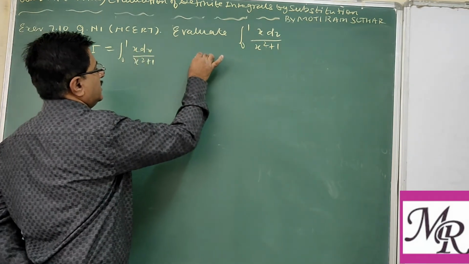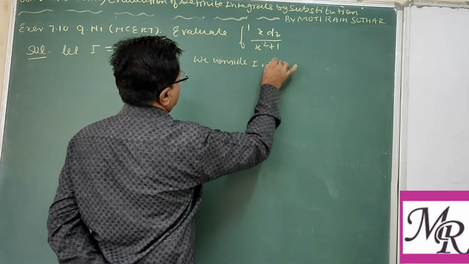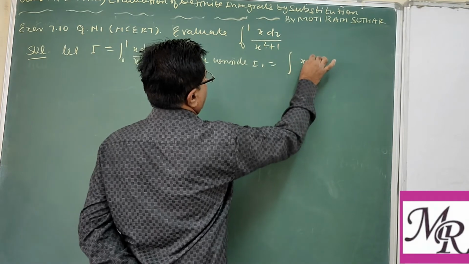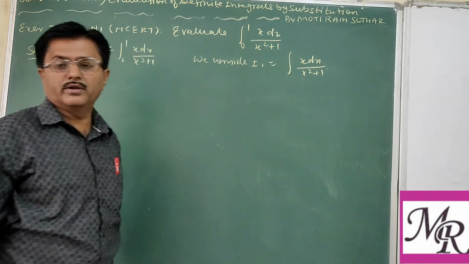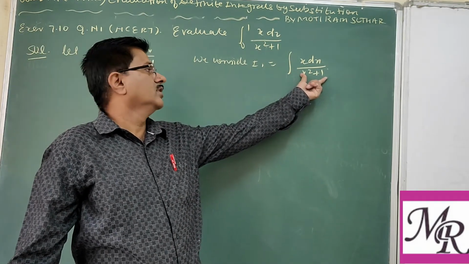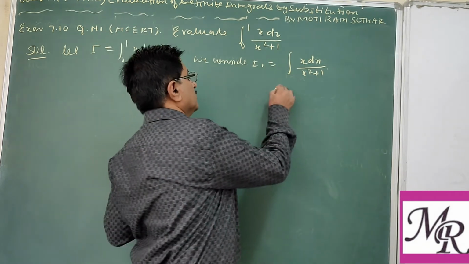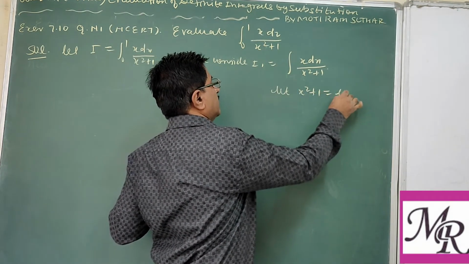So we consider I1 as the indefinite integral of x dx upon x square plus 1. Now we put the denominator as t because its derivative is given in the numerator. So x square plus 1 is t.